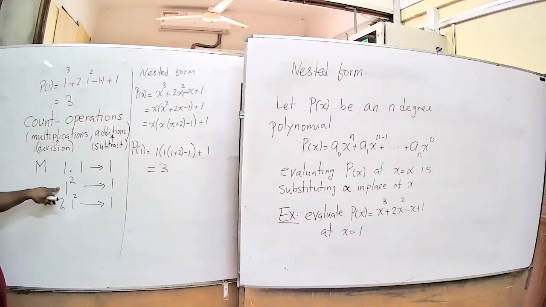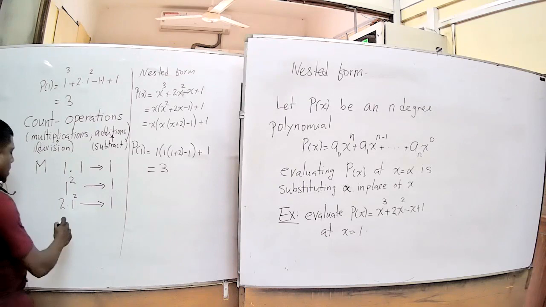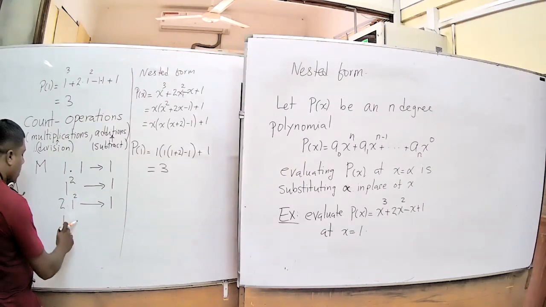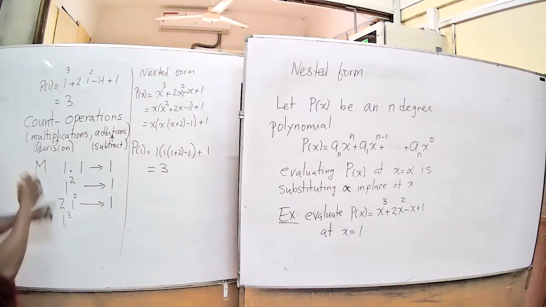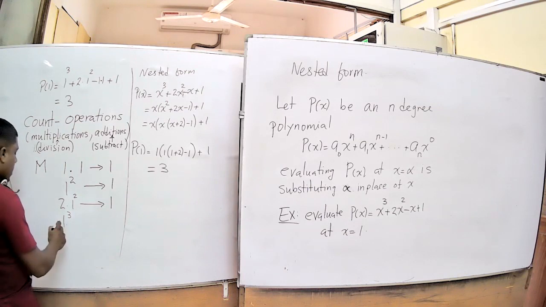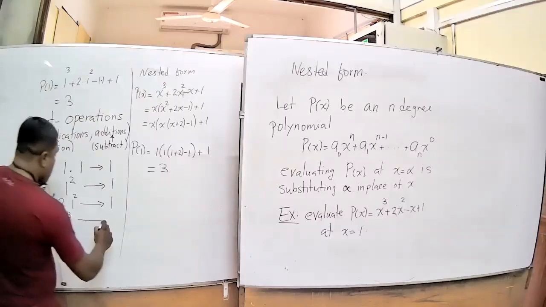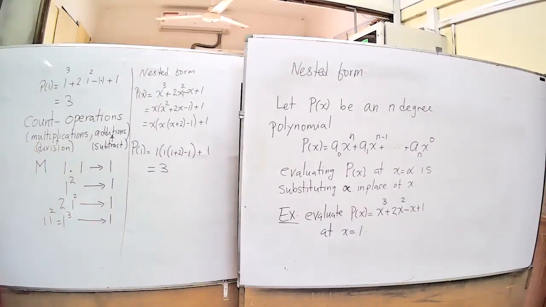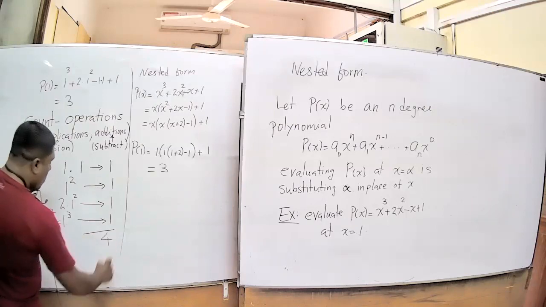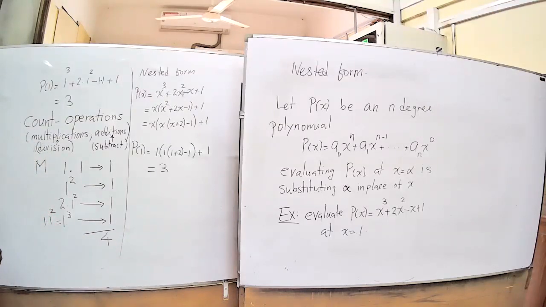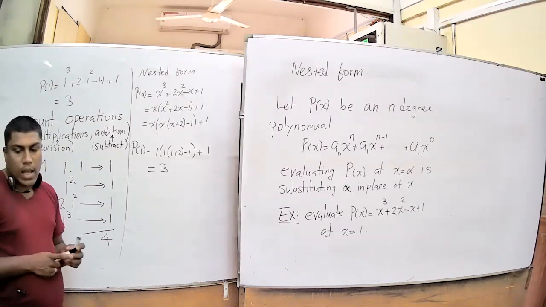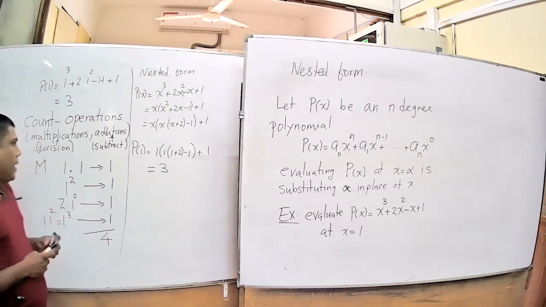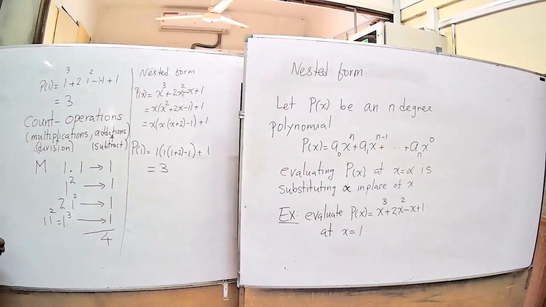You already have x squared, so the computer will compute x cubed as x times x squared. That counts as a multiplication. So there are 4 multiplications.